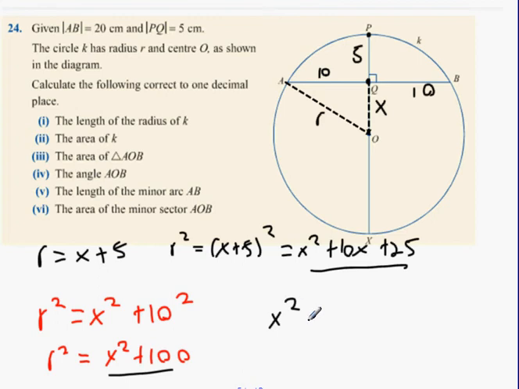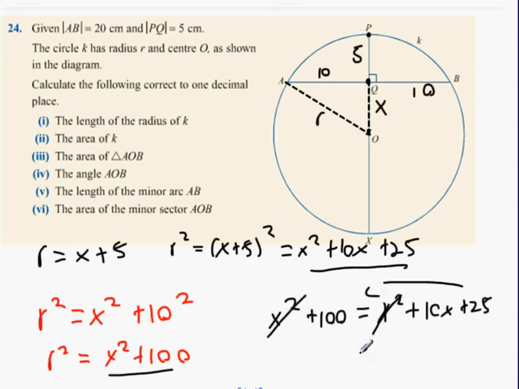So x squared plus 100 equals x squared plus 10x plus 25. The x squareds cancel, bring over the 25. Then we get 75 equals 10x, so x equals 7.5 centimeters.